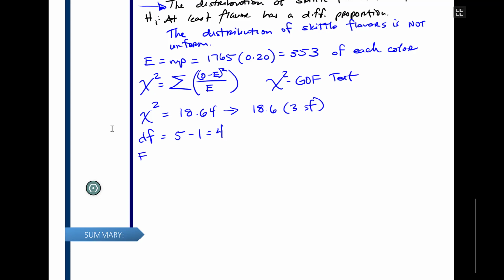All of our expected counts were greater than 5, as we saw, so that was valid. We can also assume that each bag was filled randomly. So that helps us say that we have unbiased, random selection.